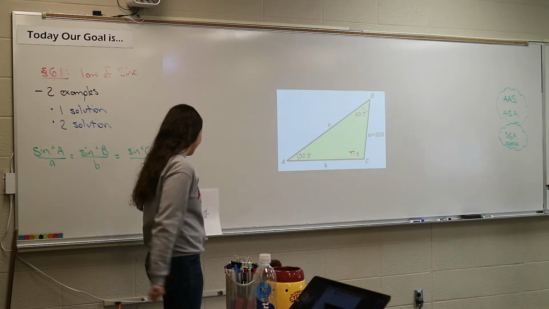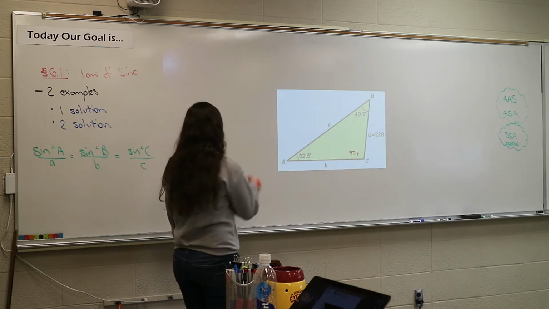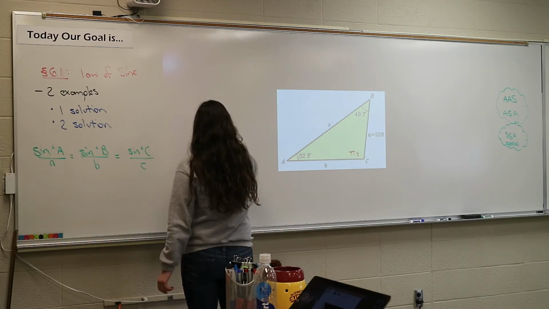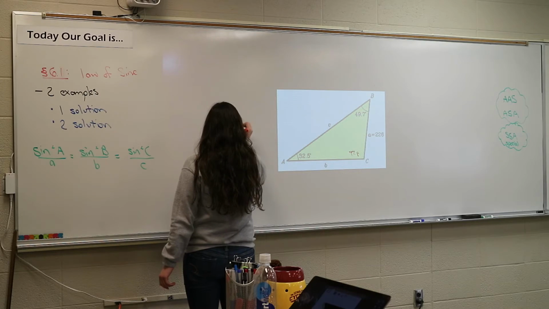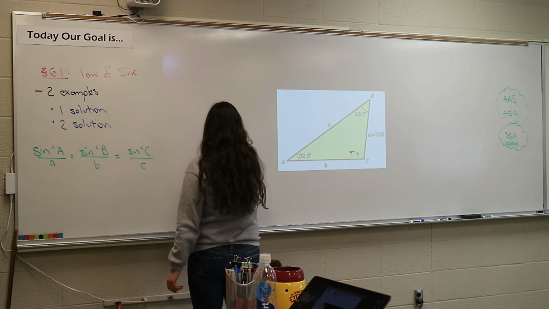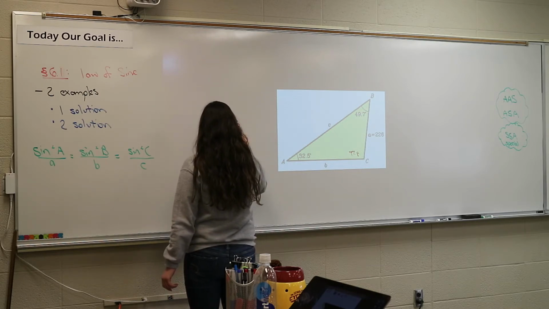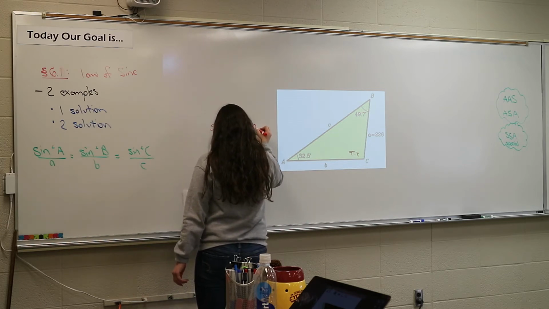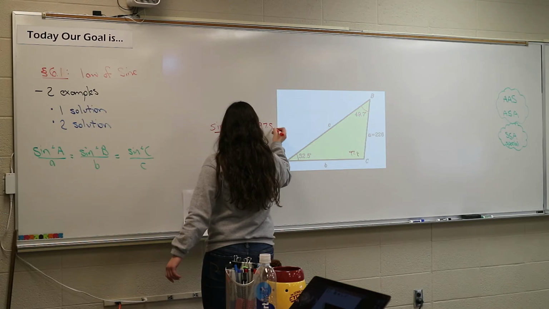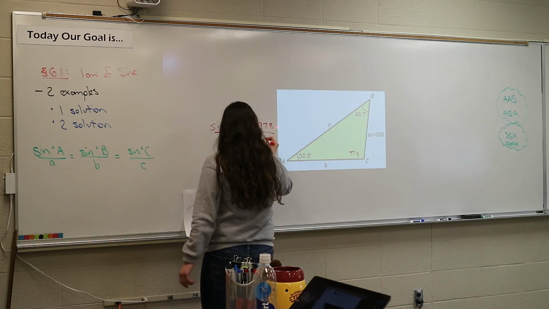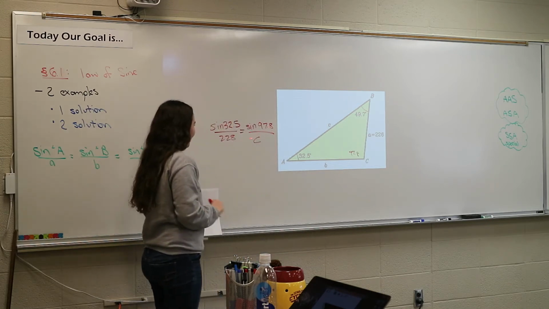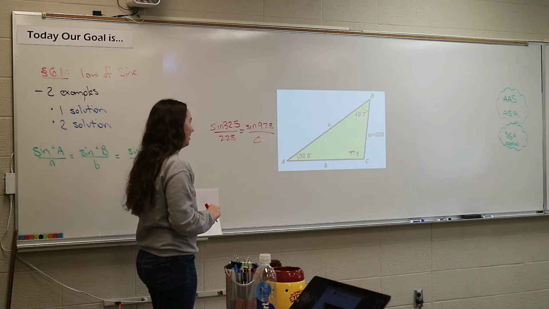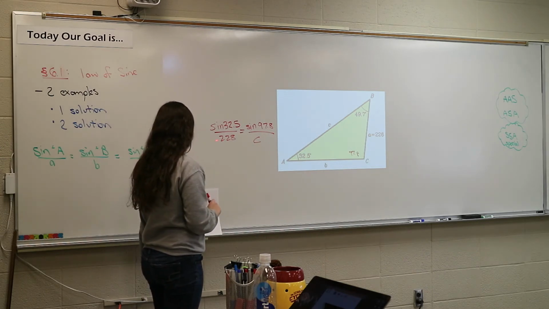Keep going. Next we take the sine of 32.5 over 228 equals the sine of 97.8 over c. What do you get?